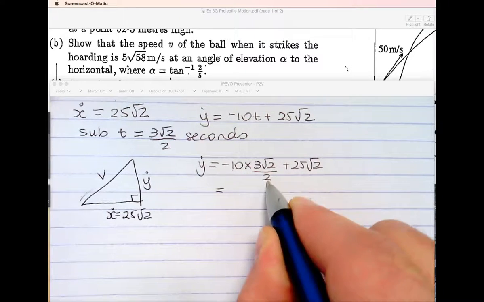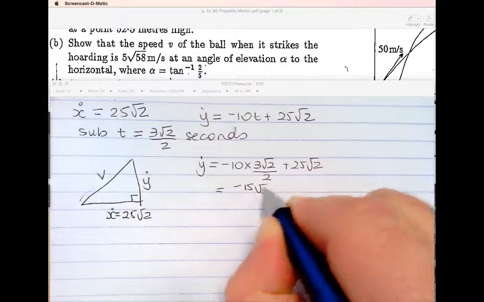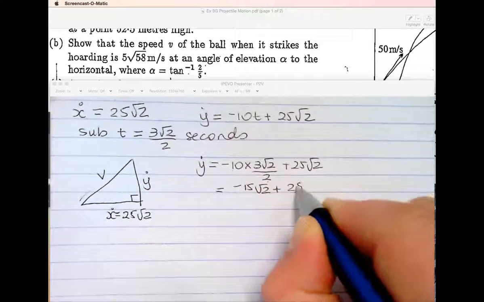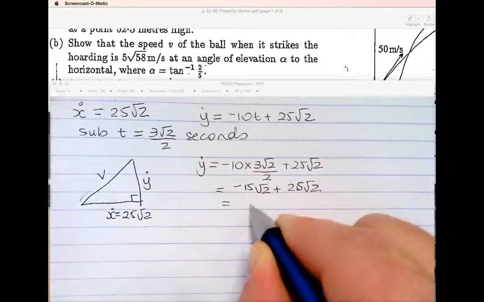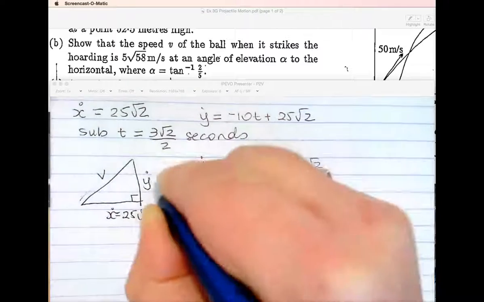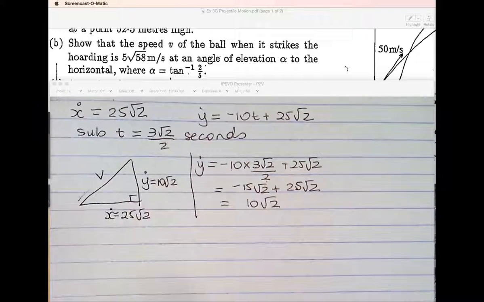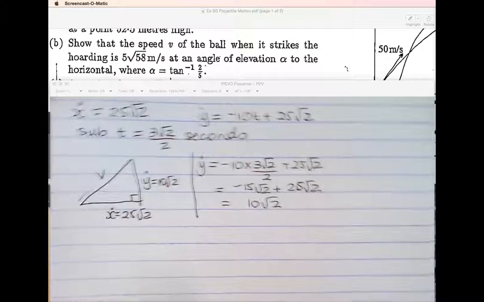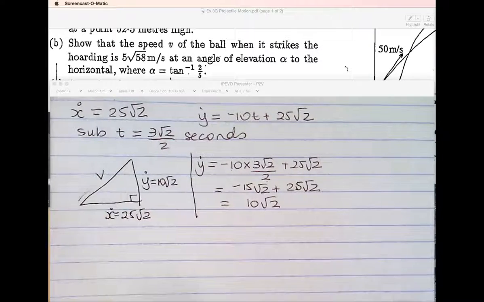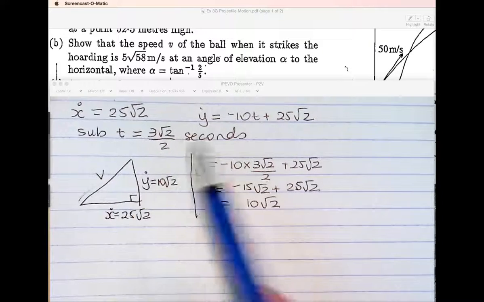Negative 30 root 2 on 2 is negative 15 root 2 plus 25 root 2, which is 10 root 2. So this y dot is 10 root 2. Are we okay? At this time, yeah. When the ball strikes, it's at t equals 3 root 2 on 2 seconds.